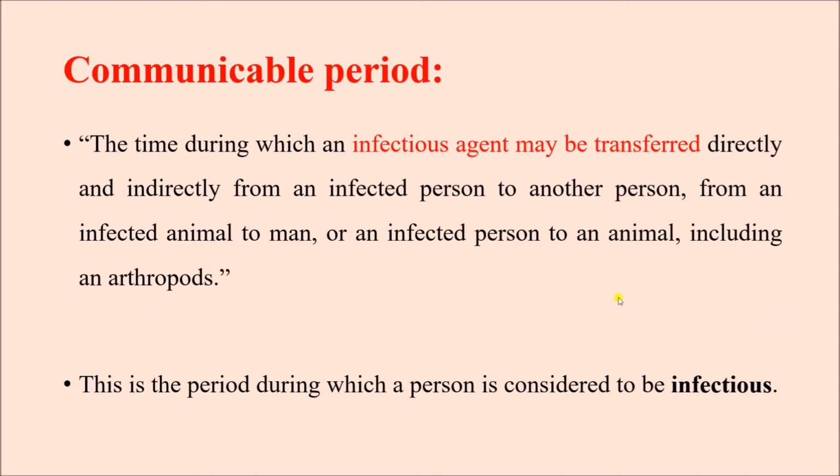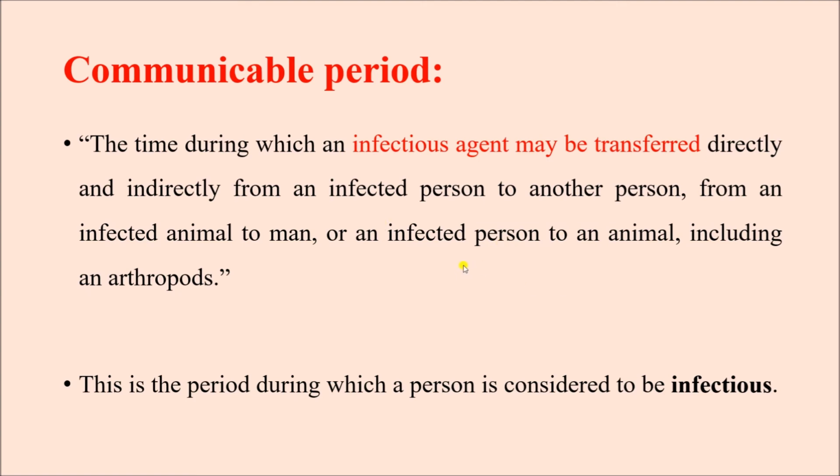Communicable period means the time when the person transmits the infection, or we can say the person is infectious to other people. So let us look at the definition. The time during which an infectious agent may be transferred directly or indirectly from an infected person to another person, from an infected animal to man, or from an infected person to an animal, including an arthropod.